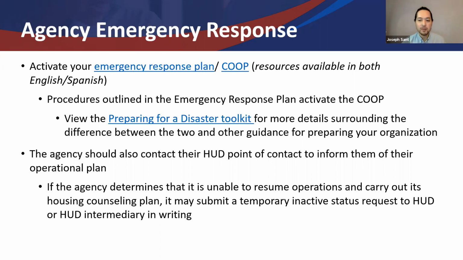You also want to put in place your plan for resuming your operations, called the continuity of operations plan. If you don't know what these things are, now is as good a time as any to become familiar and prepare your emergency response plans so that in the event a disaster does affect your agency, you're ready to assess the situation and get back online.